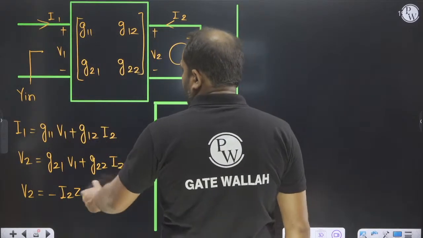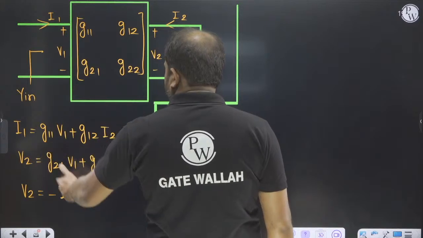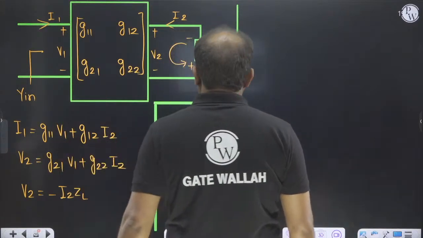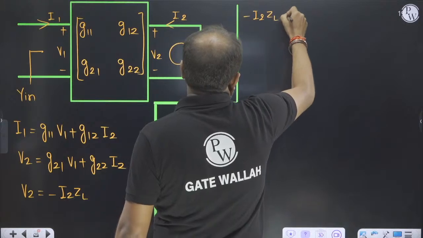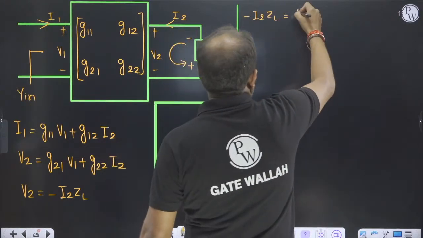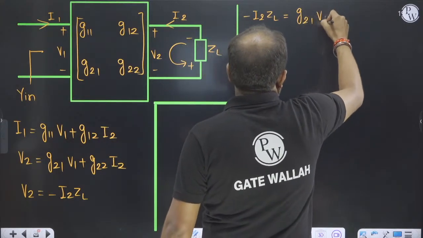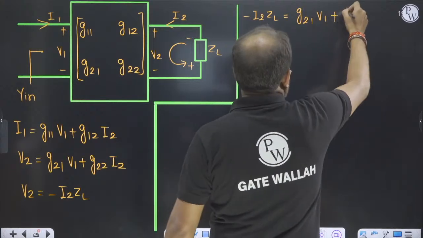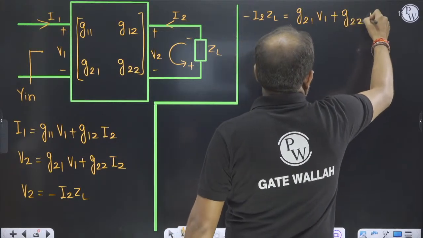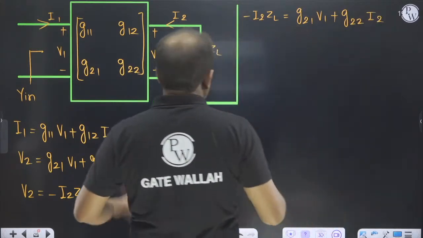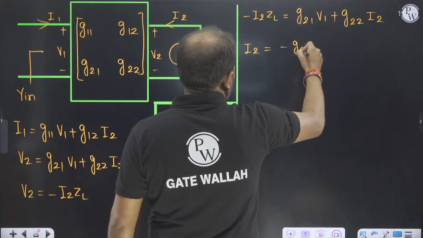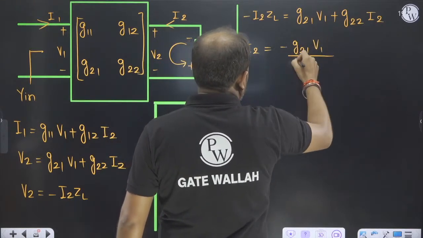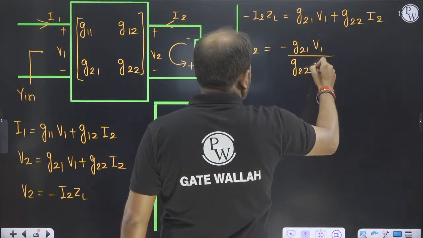So in the second equation we will put V2, so it will be minus I2 into ZL equals G21 V1 plus G22 I2. You will find I2 is equal to minus G21 V1 divided by G22 plus ZL.